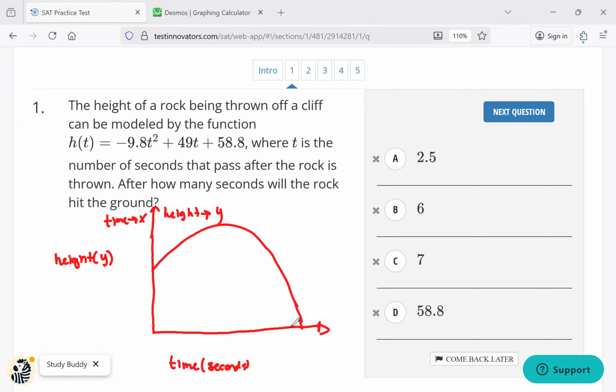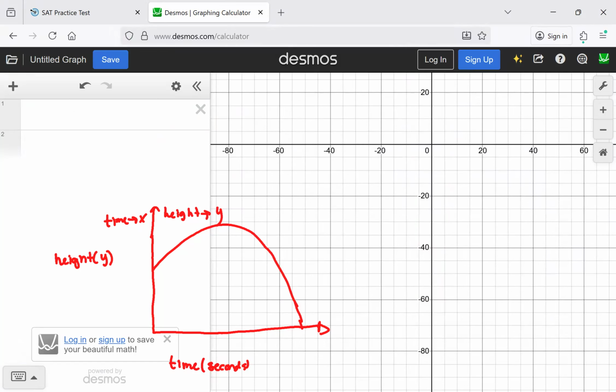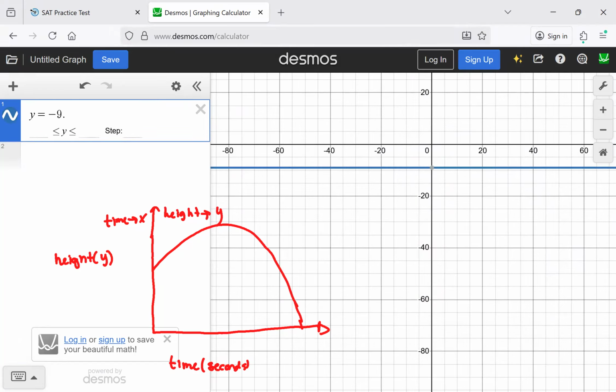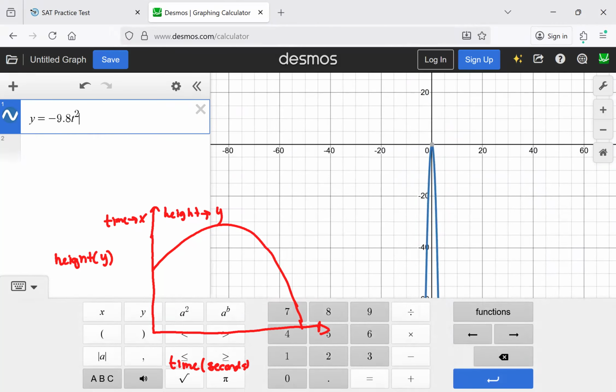On the SAT, you have Desmos, so you can just plug that equation in: y equals negative 9.8 t squared plus 49 t plus 58.8.